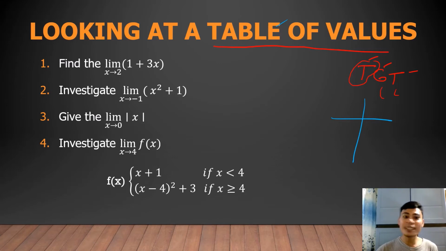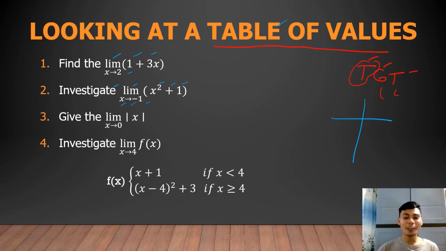Okay, so first, find the limit. I want you to read this at home. Read with me. The limit of 1 plus 3x as x approaches 2. We will find the limit. Investigate the limit of x squared plus 1 as x approaches negative 1.